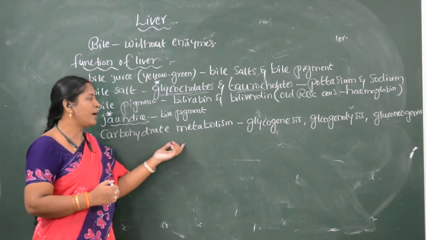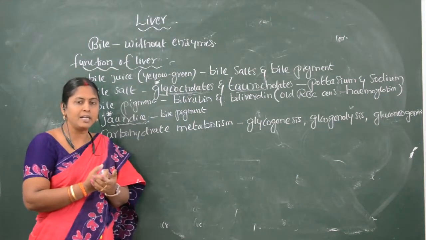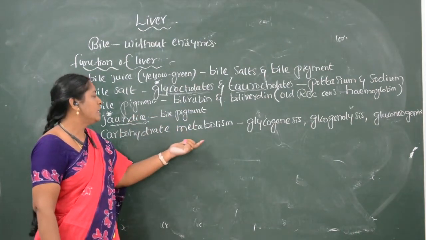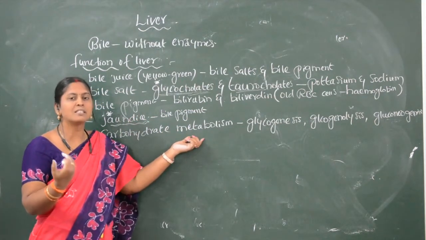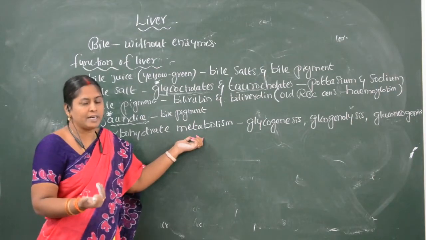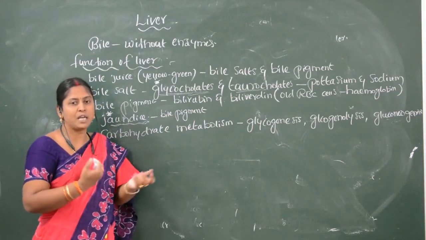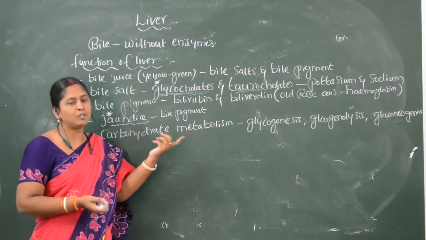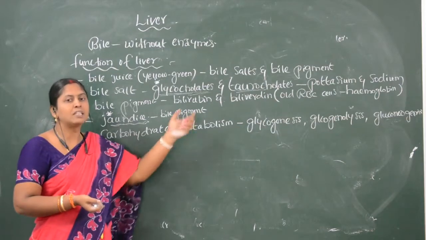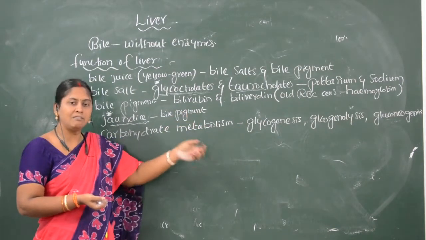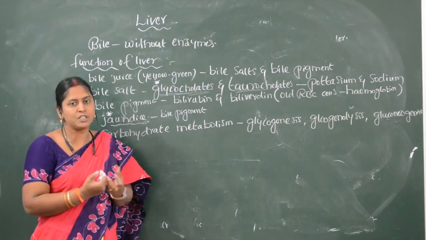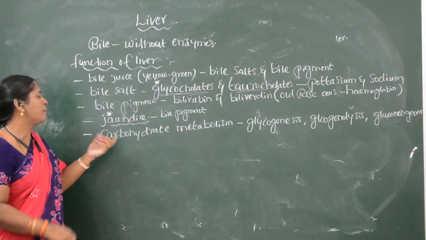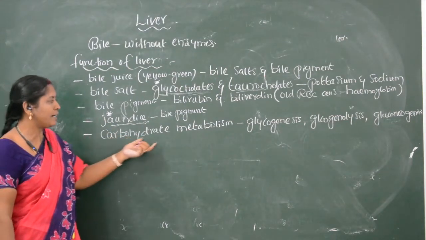Whereas carbohydrate, when our body needs it, directly gives energy to the cells as glucose. But when the body lacks carbohydrates, carbohydrates present in other forms of sugar, like glycogen, can be converted into glucose to obtain energy for metabolic activity. That metabolic activity is also done by the liver. So that is carbohydrate metabolism.